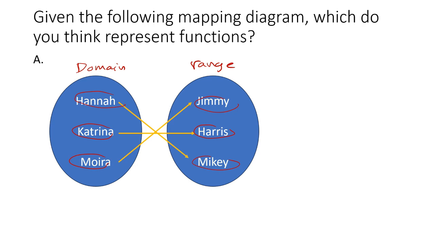So therefore, this mapping diagram is a function. Got that? Only this is what we call a one-to-one diagram.